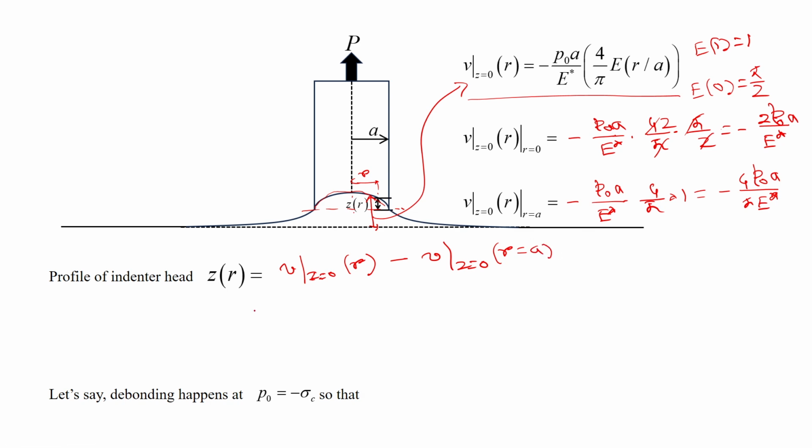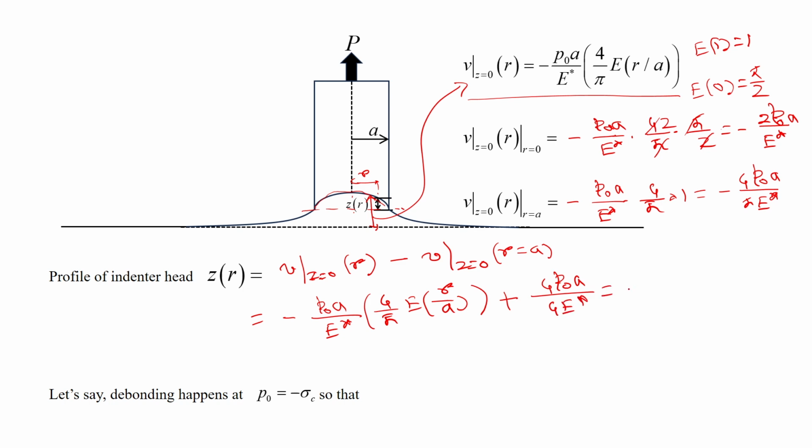So this will be equal to v z r, which is minus P0 a by E star into 4 by pi, E of r by a, and minus the value at r equal to a, which I just found. So minus minus plus, it will be 4 P0 a by pi E star.